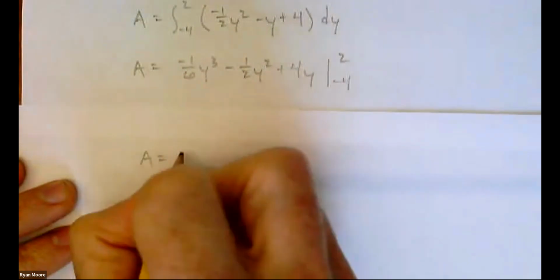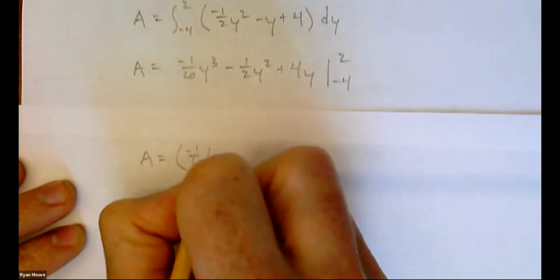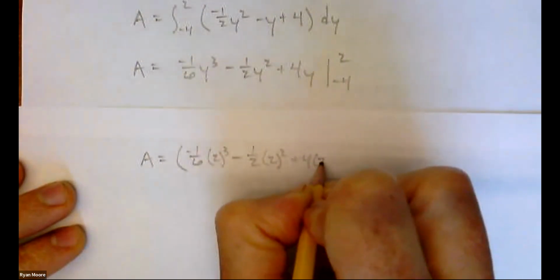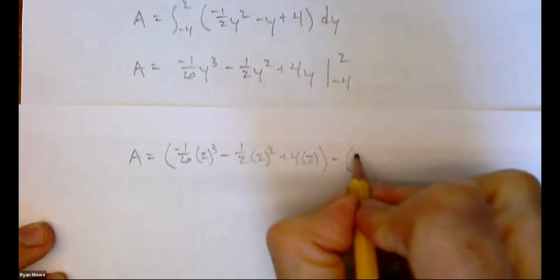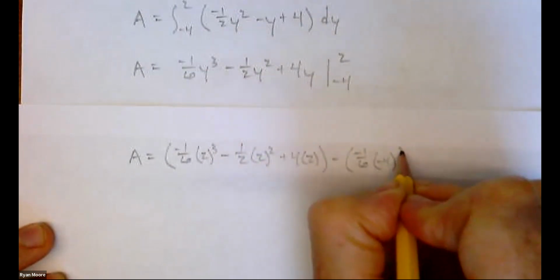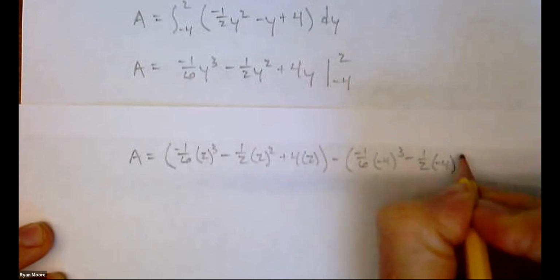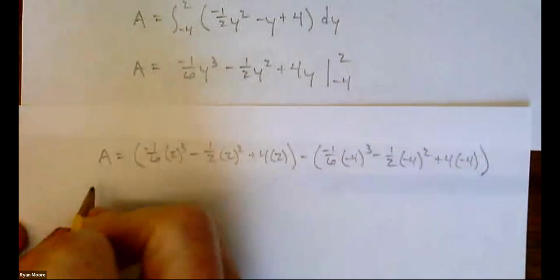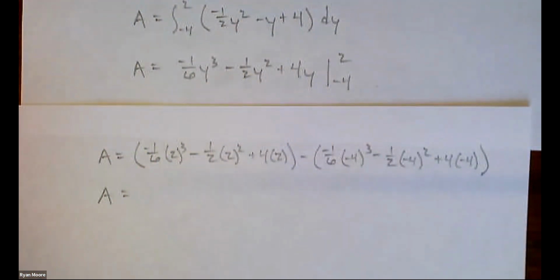Continue down here. Plugging in, -1/6 times 2 to the third, minus 1/2 times 2 squared, plus 4 times 2, minus -1/6 times -4 cubed, minus 1/2 times -4 squared, plus 4 times -4. I'm going to do these each separately. A lot happening here.